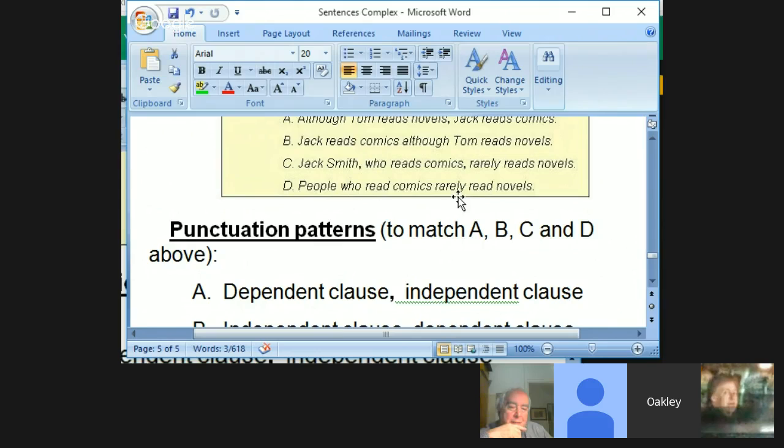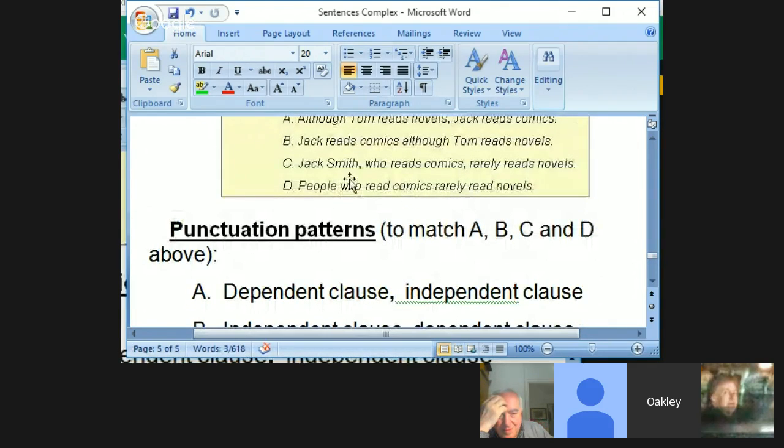Who read comics, two dependent clauses? Who read comics and rarely read novels, or not? No, rarely is not a subordinator. It's an adverb. It's not a subordinator. No. What's the who read comics rarely? Oh, okay. There you go.